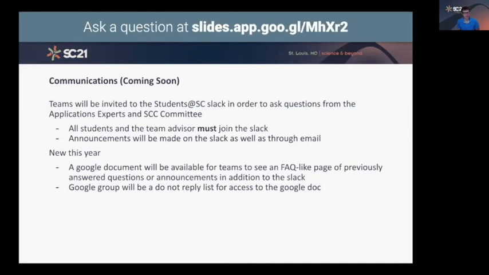New communication mechanism this year, we'll have a Google document that will be published, and that will be a place that will gather FAQ type questions and answers, as well as announcements about each application and each element of the competition. So we'll have a centralized place where it's hopefully easy to find answers to questions that somebody has already asked.